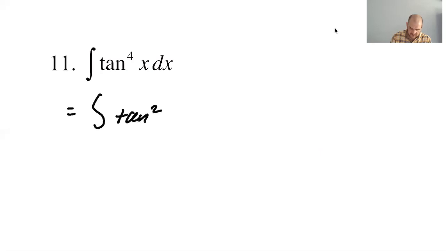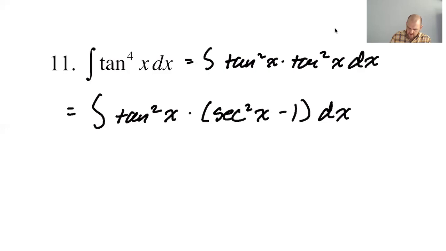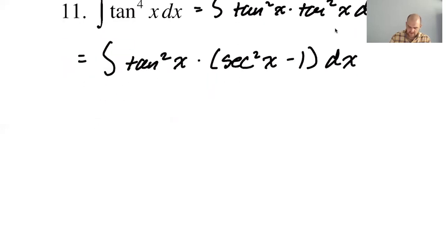I'm gonna make this tan squared and then secant squared minus 1 dx. So I basically rewrote this as tangent squared times tangent squared. Okay, so then if I distribute, I can definitely integrate this part, and then I'll have tangent squared, and I can make that into secant squared minus 1, and then I can integrate that.